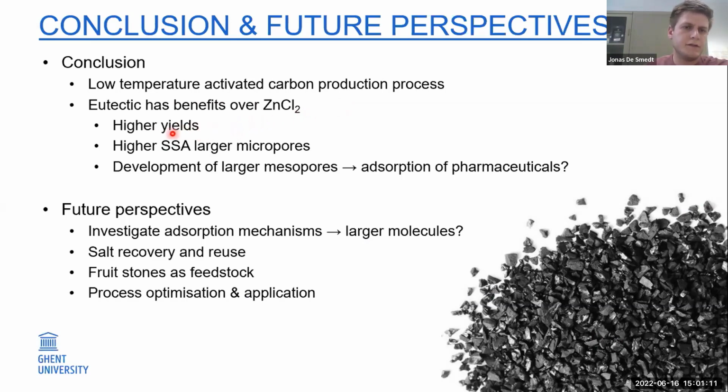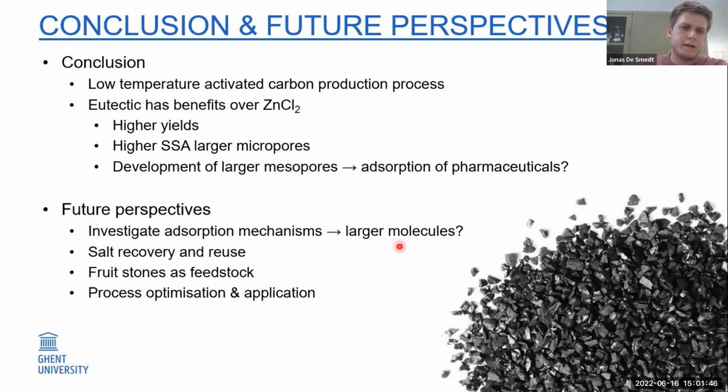We also have higher surface area in our larger micropores, and we have a good development over a very narrow range of mesopores in the larger parts, compared to the very broad development of the mesopores in the case of the pure zinc chloride. This can lead to the fact that we can look into adsorption of, say, very large molecules such as pharmaceuticals, which is something that we want to do during the summer.